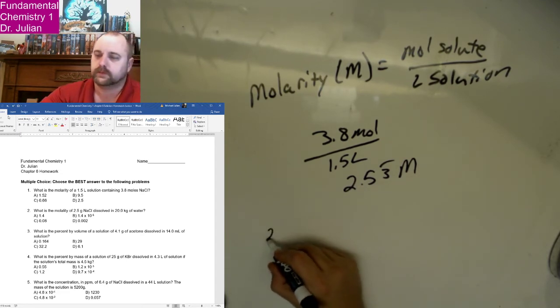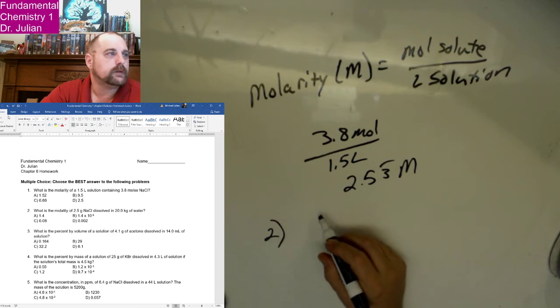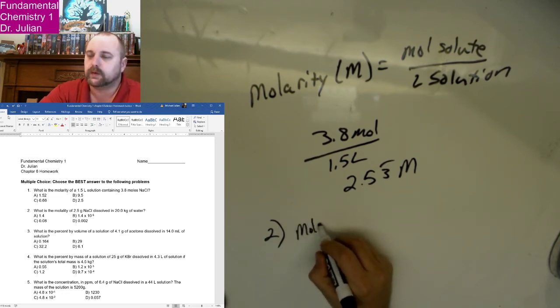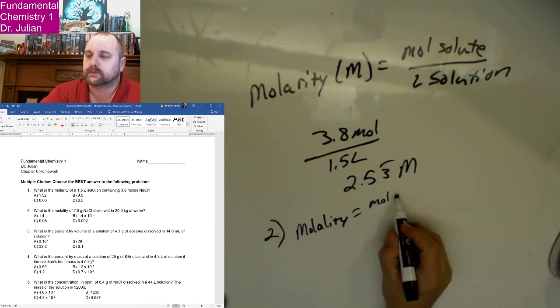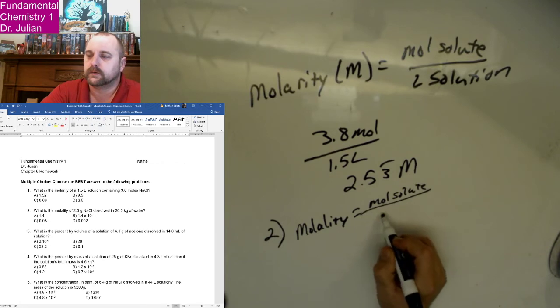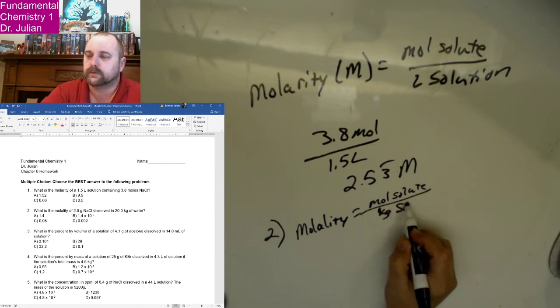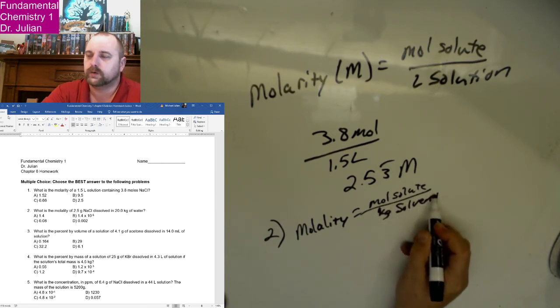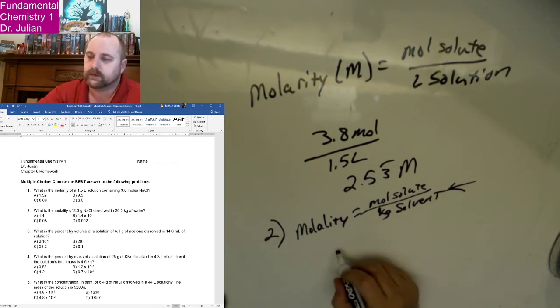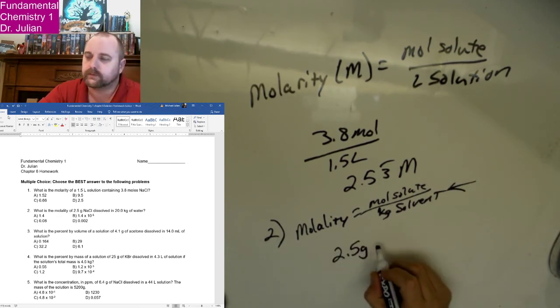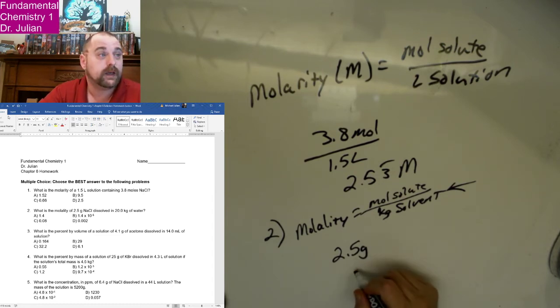All right. So let's go to number 2 then. It says molality. Molality is moles solute over kilograms solvent. That's the weird one, right? But wait a minute. They only gave me 2.5 grams of solute, dissolved in 20 kilograms.